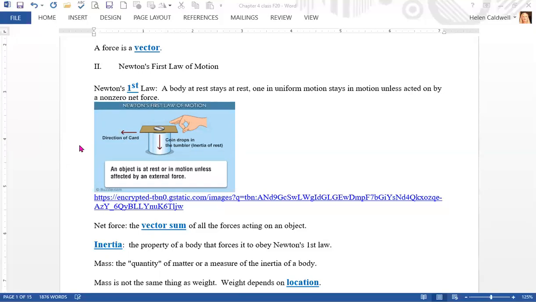So the card moves because you flick it, but the coin is really heavy and it resists moving, and it's sufficiently heavy that instead of moving with the card, it falls straight down because gravity pulls it down. All right, enough of that. We will look at some other examples, and probably I'll try to do the egg and the pie pan demo either in lab or in class when we have our in-person meetings.